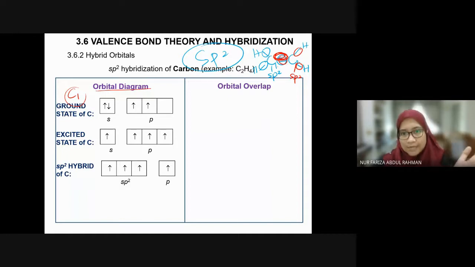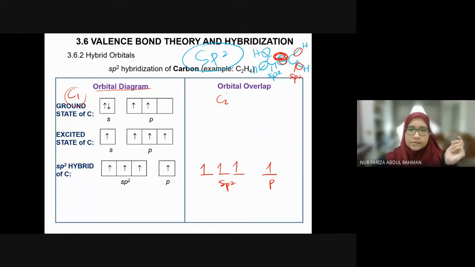How do you connect them? That means you should have another hybrid orbital, which is for C2. Let's just assume this is C2. We have sp2, and then we have 1 unhybridized P. It is exactly the same as C1.